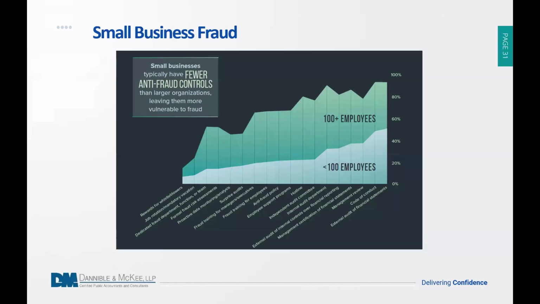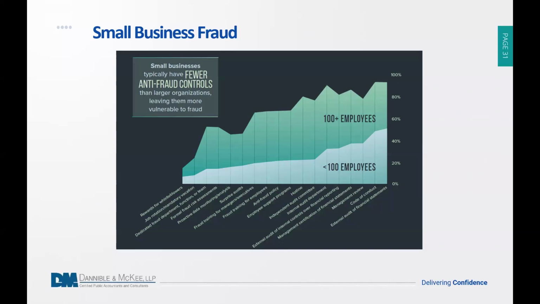And again, small businesses typically have fewer anti-fraud controls in place than larger organizations, which is what leaves them much more vulnerable. If you look to the left of this chart, it explains the fraud controls that are in place for companies with less than 100 employees versus companies with 100 plus employees. About 4 from the left is formal fraud risk assessment.